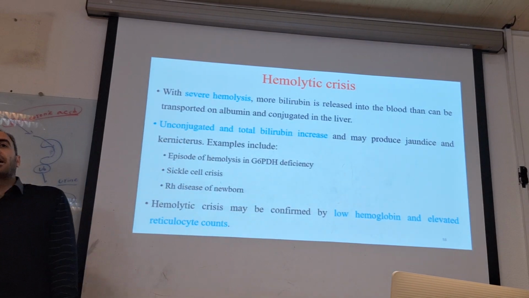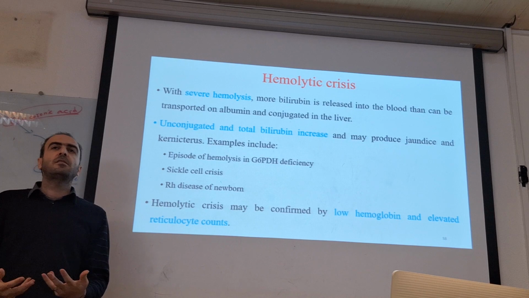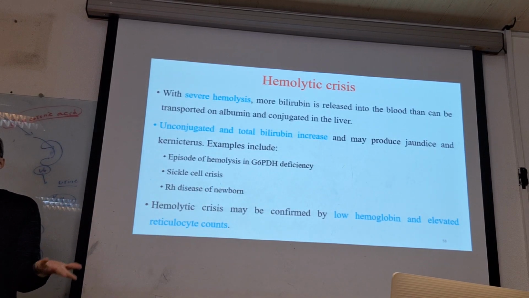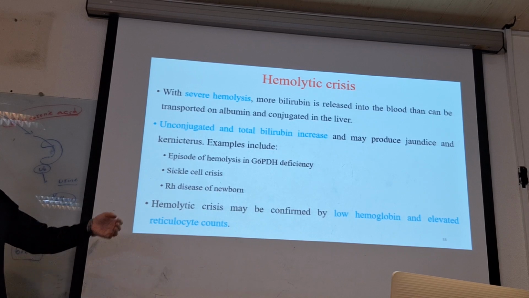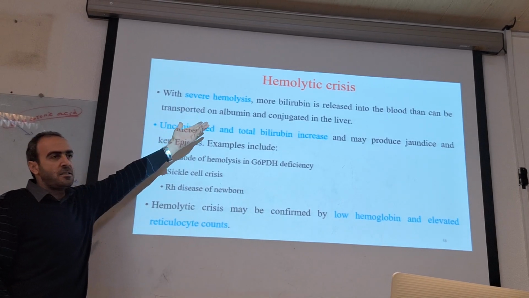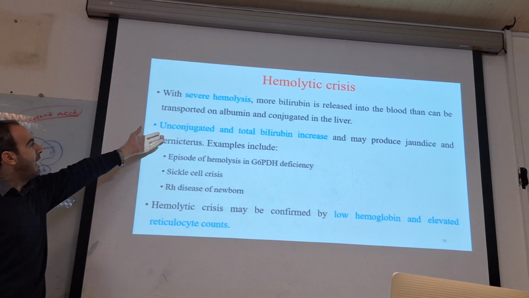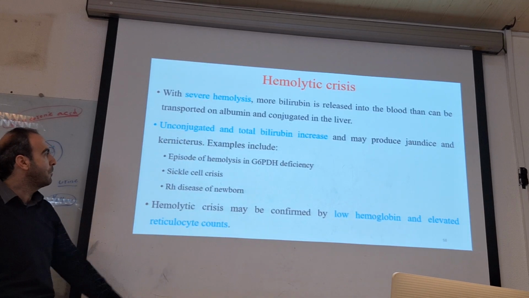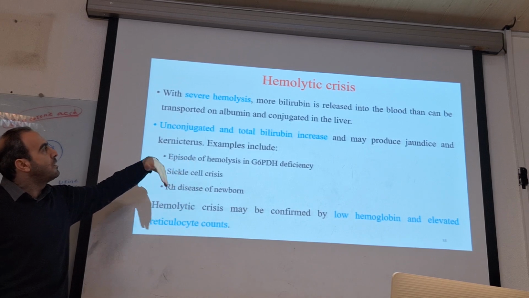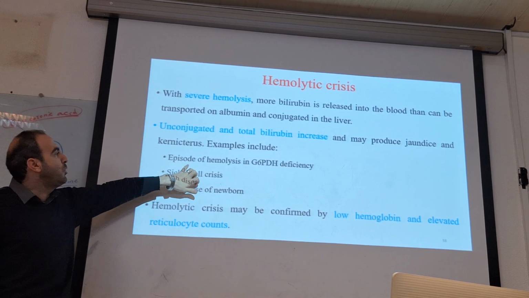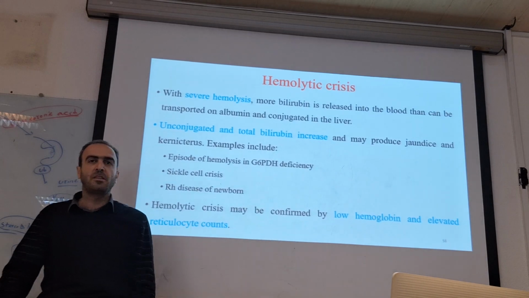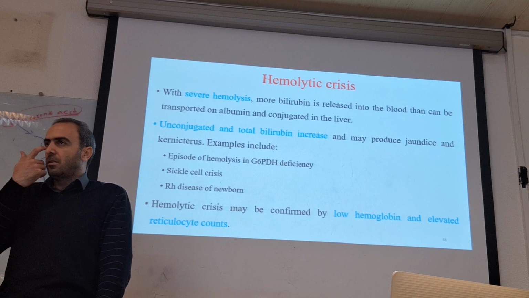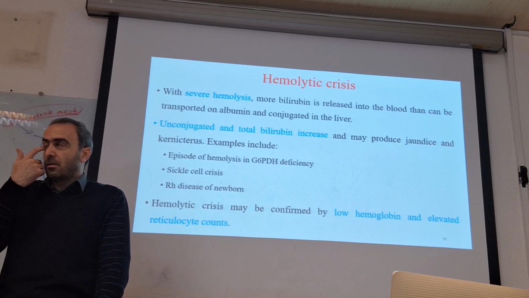What is hemolytic crisis? Hemolytic crisis means some reason leads to increased RBC degradation. Severe hemolysis occurs, and unconjugated and total bilirubin are increased. Why does severe hemolysis occur? Maybe due to G6PD deficiency. You learned G6PD deficiency. What was that?